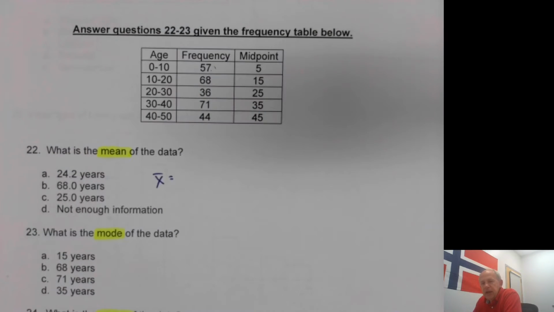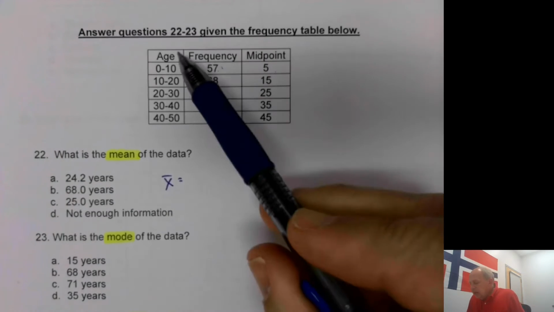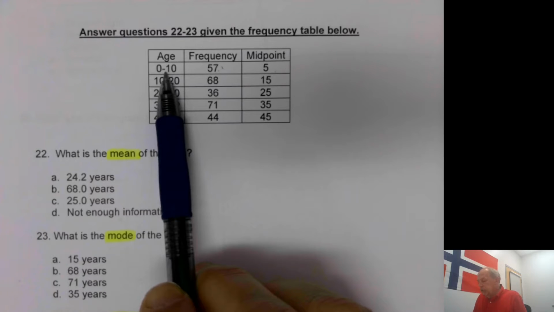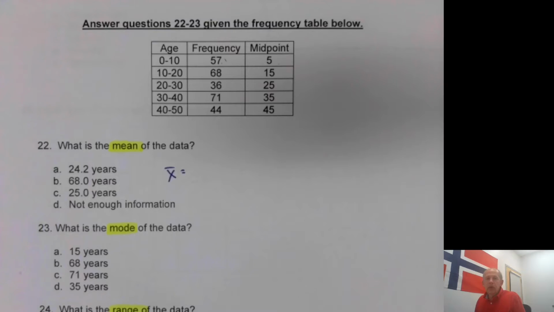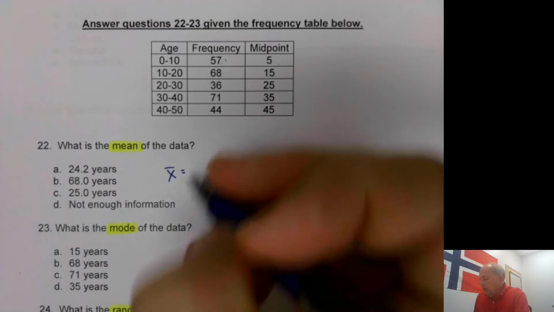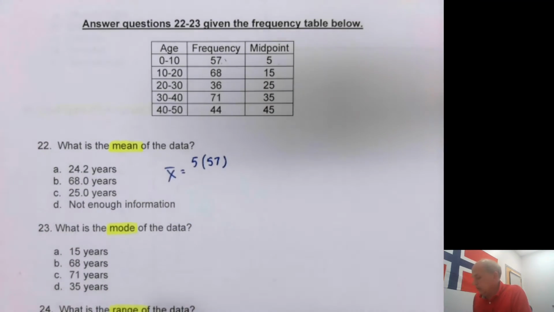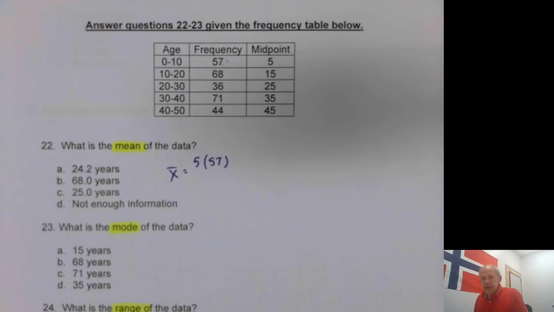Since I don't have the actual data set, I have to use the midpoint of each one of these intervals. So my first interval, the children, there were 57. I'm going to call these children about 5 years old, the midpoint. To find the average, I'm going to say the 5-year-olds times 57 of them.